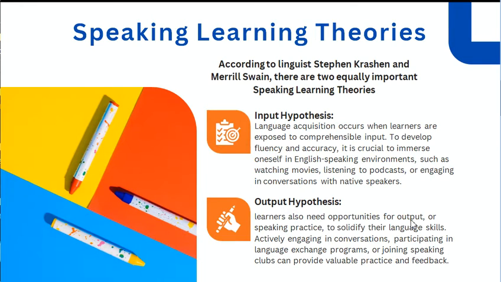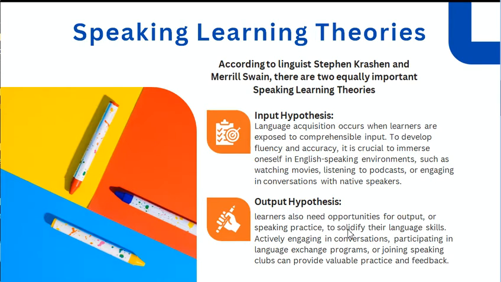They should get the chance. If you don't get the chance to speak out, to practice whatever input you have, it's really not possible to learn the language very quickly. That's another theory of speaking: speaking practice to solidify their language skills.